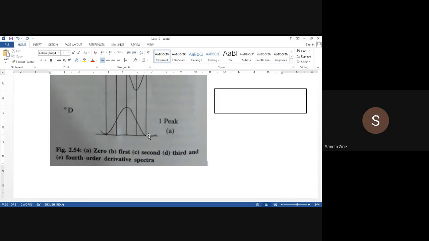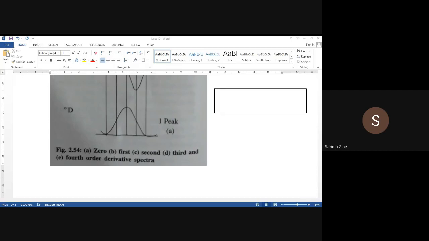It is a plot of dA divided by d lambda versus wavelength, isn't it? Or I will just write some points over here so that you get clarity on normal spectra and derivative spectra.